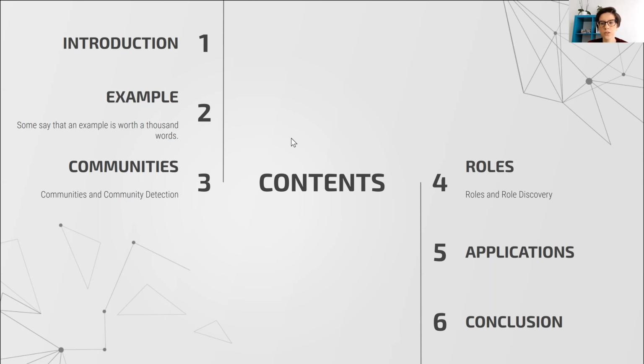Then I have a section on application, which basically is a short list of applications where both communities and roles can be applied, but with some tips and tricks on which cases are more prone to be solved with the one or the other. And then a quick conclusion to wrap up the take-home messages.